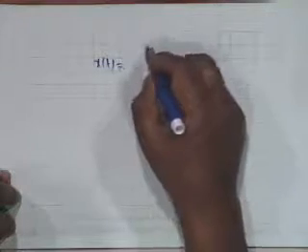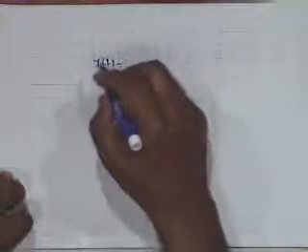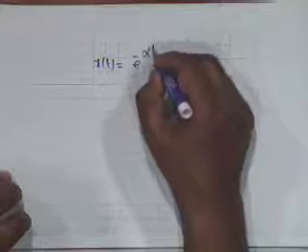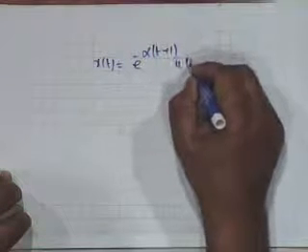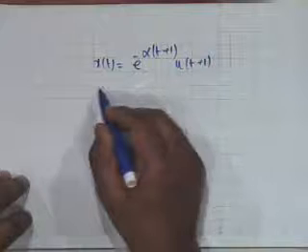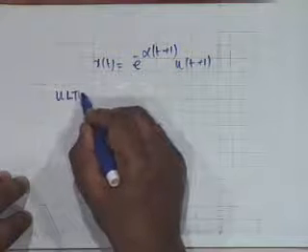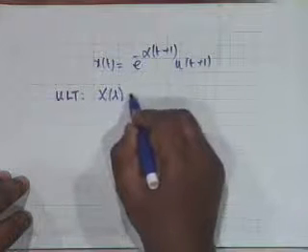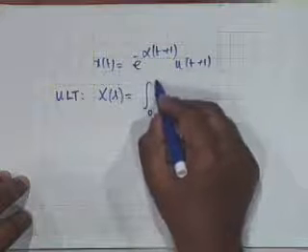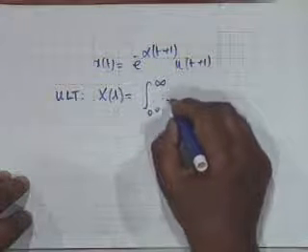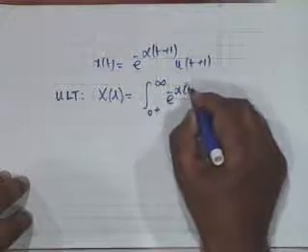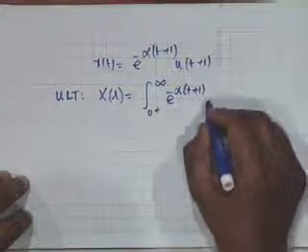On the other hand, if we take the unilateral Laplace transform of the same function, x of t equal to e to the minus alpha t plus 1 u of t plus 1, if we take the unilateral Laplace transform ULT, then x of s is the integral from 0 plus to infinity of e to the minus alpha t plus 1.